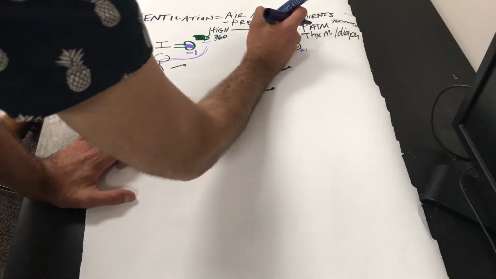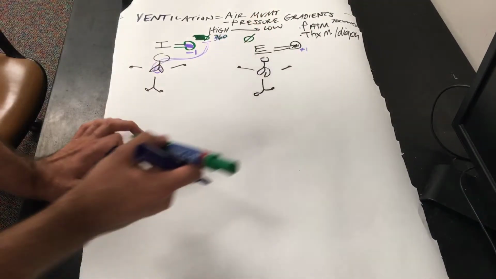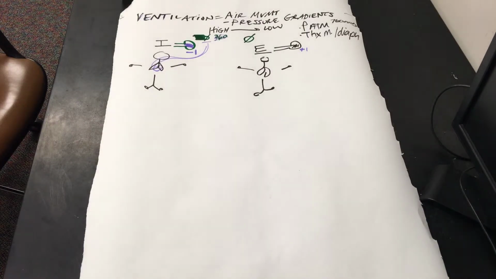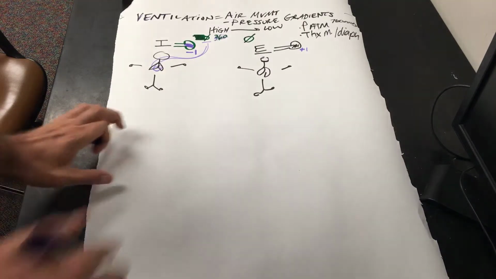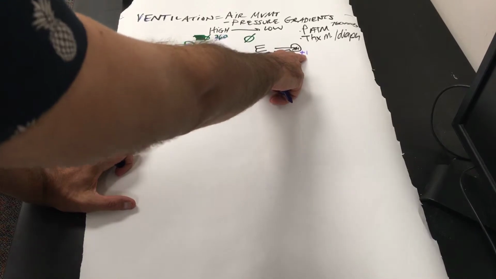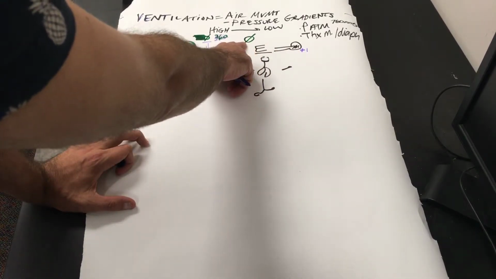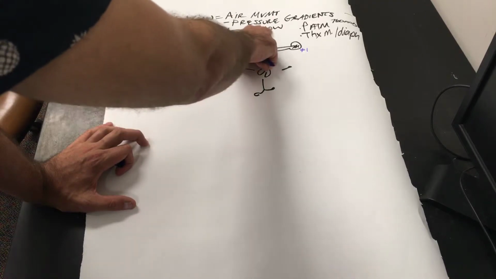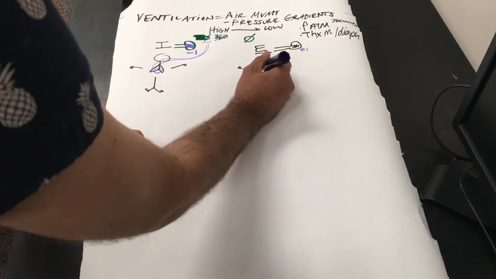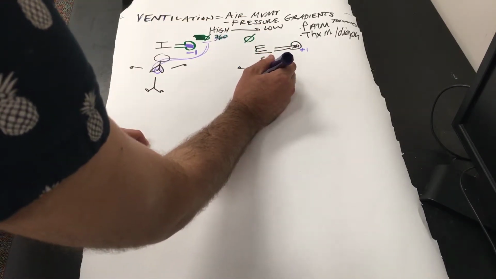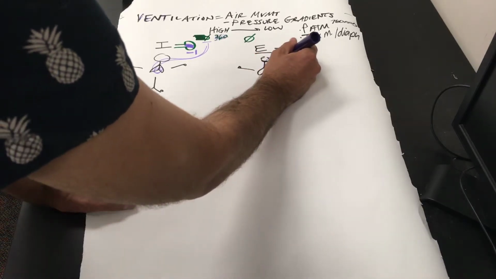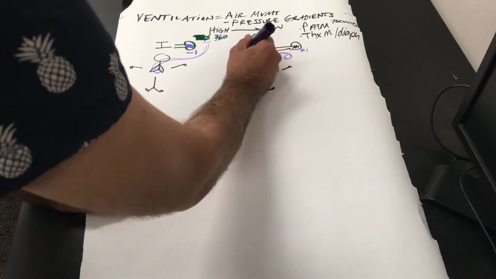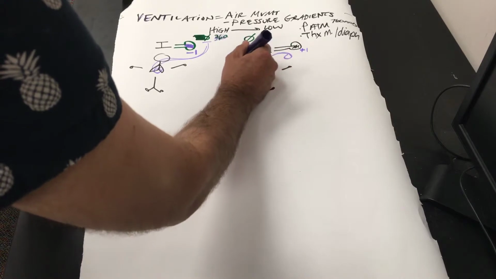The atmospheric pressure, of course, is still 0. So in this situation, you'll notice that the pressure inside the alveoli is higher than the atmospheric pressure. And because air moves from areas of high pressure to low pressure, that allows air to be forced out of the lungs, or to move out of the lungs and expire.